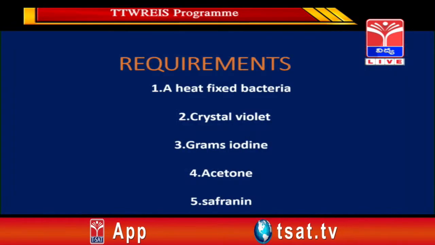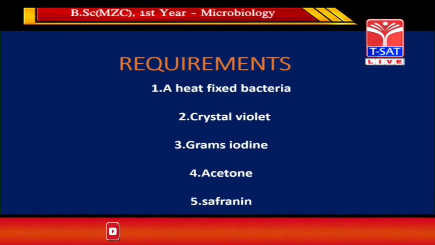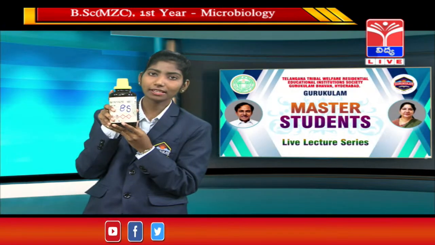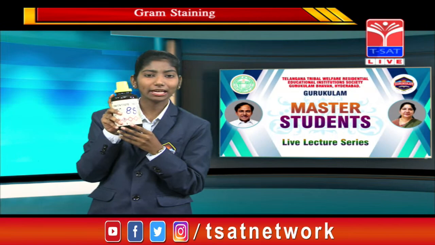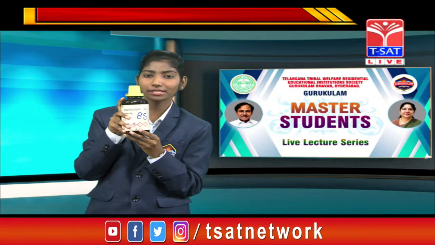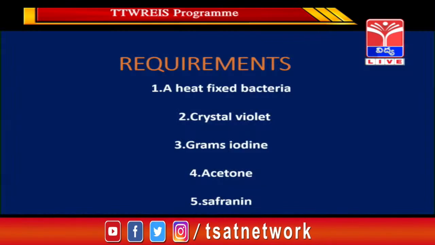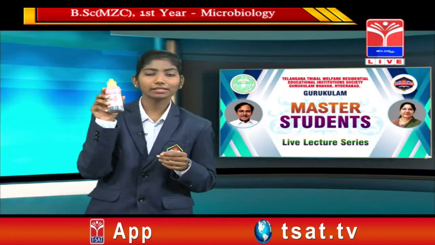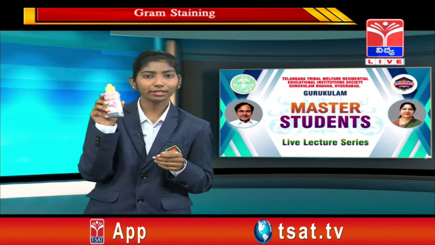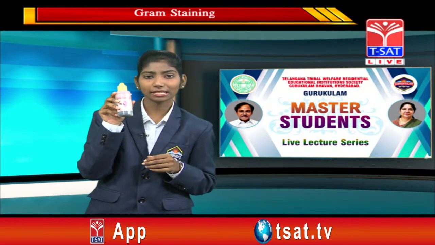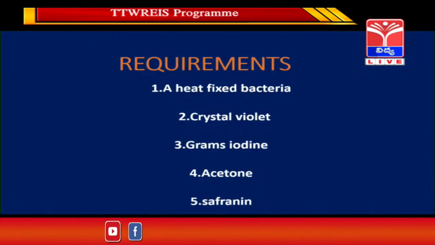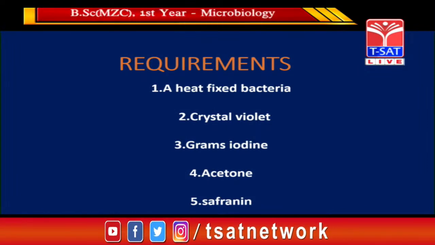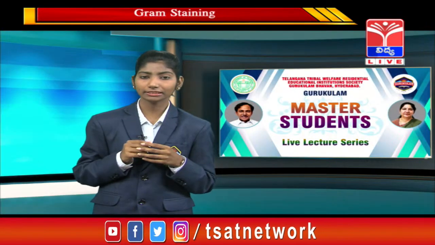And the third one is acetone, which I have used in this Gram staining technique. And the last one is safranin. It is termed as the counter stain. This safranin is used in the Gram staining technique. So, these are the 4 types of requirements which we have used in this Gram staining technique.